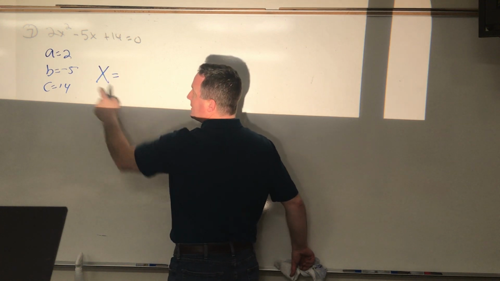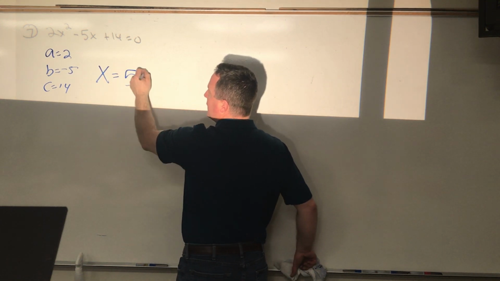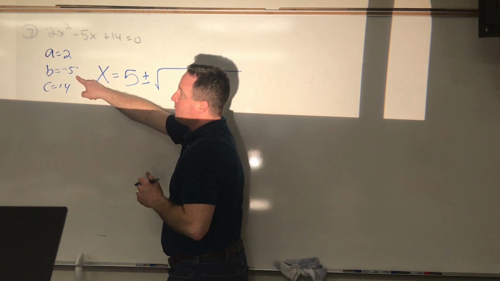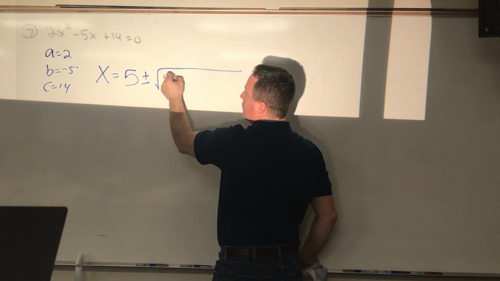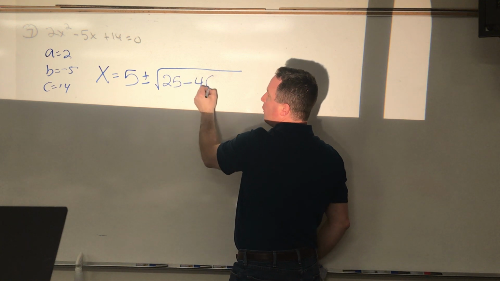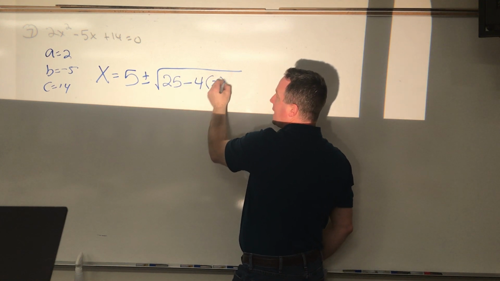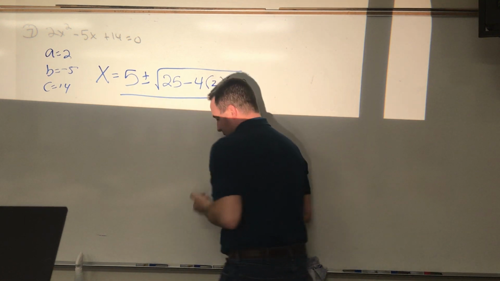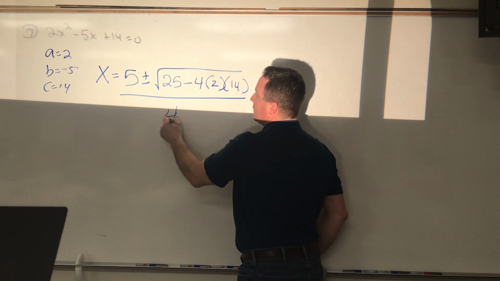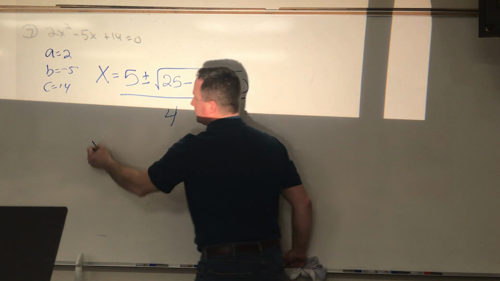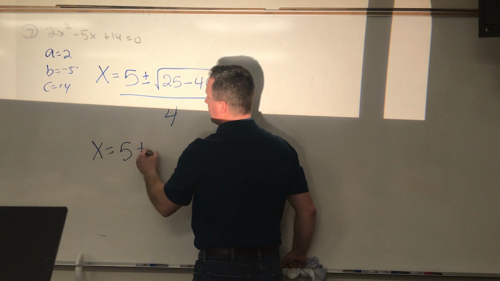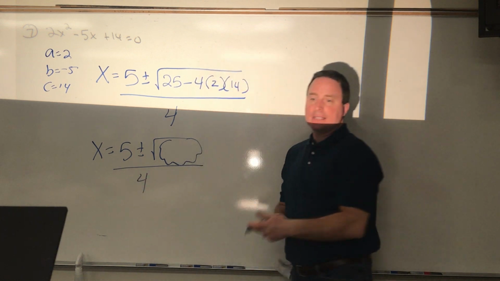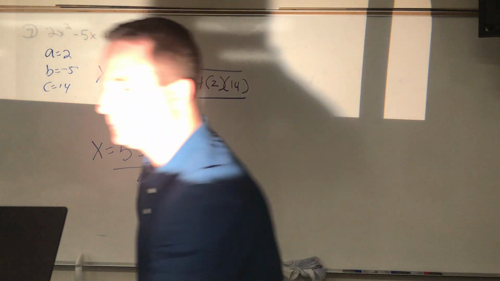X equals the opposite of B, positive 5, plus or minus the square root of B squared, which is going to be 25, minus 4 times A times C, all over 2A, which is 4. Okay, and let's try to get something under the radical there.